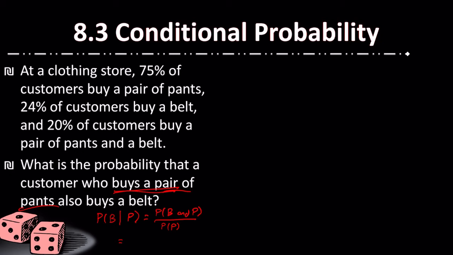This one was pants. This one was belts. This one was belt and pants. So that'd be 0.2 on the top, and the pants is 0.75, which gives us 0.267.